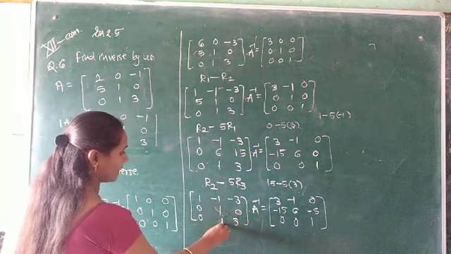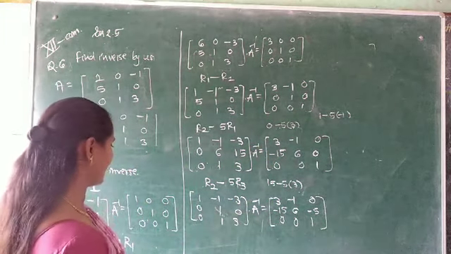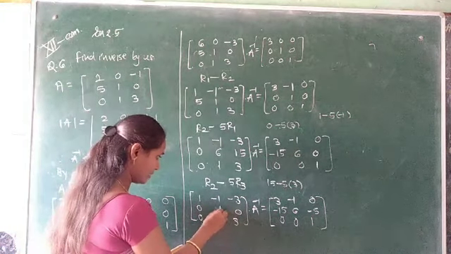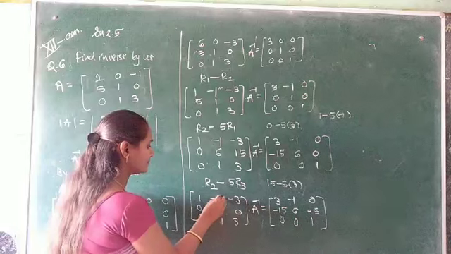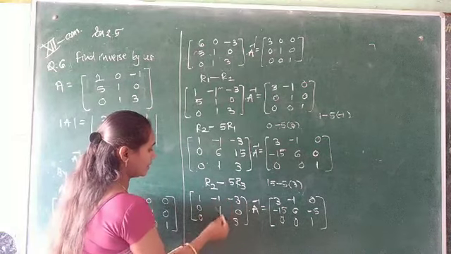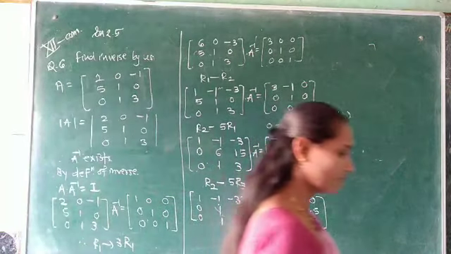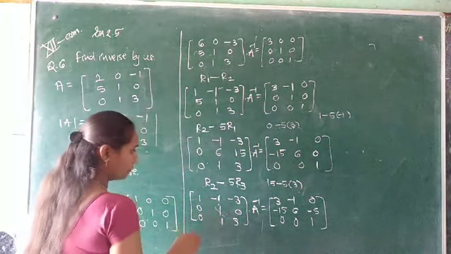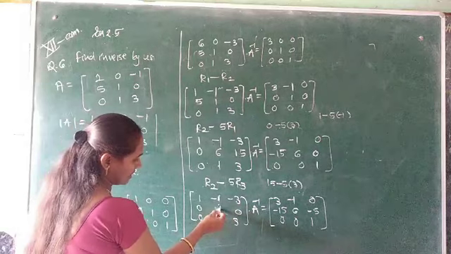Now we have to make this 1. This element is 1, and the elements which are above and below the second, a22 is 1, we have to make them 0. So first we make this 1 0. Now look at here, here it is minus 1 and here it is plus 1.